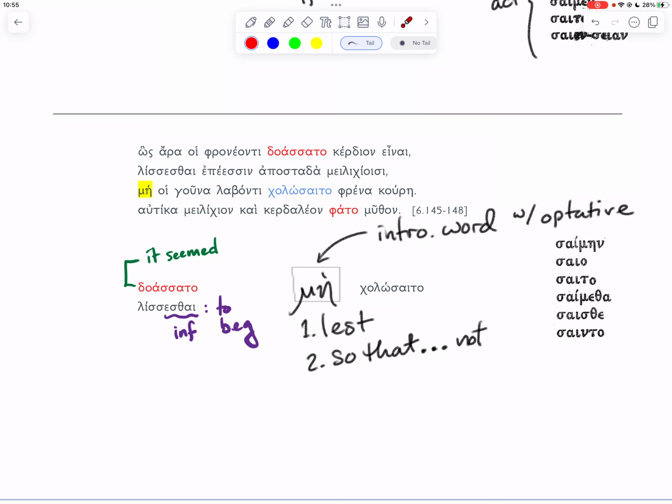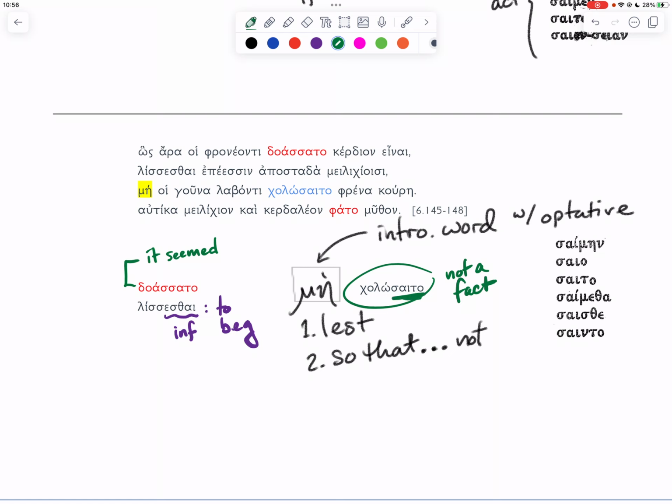It seemed better to beseech her with words, honey sweet, while she stood at a distance, so that the girl might not become angry or would not become angry. Either way, this is not actually stating a fact. This is just part of a clause.